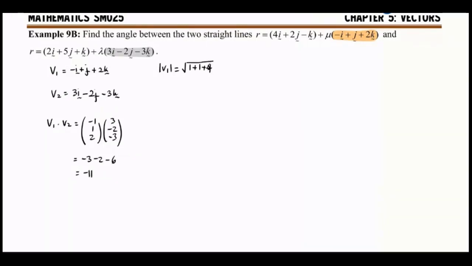Okay, that one is the dot product. Magnitude of V1 is square root 6. Magnitude of V2 is square root 22. Okay, so we have everything. Now we put it into the formula: inverse cos of V1 dot V2, which is -11 over square root 6 times square root 22.